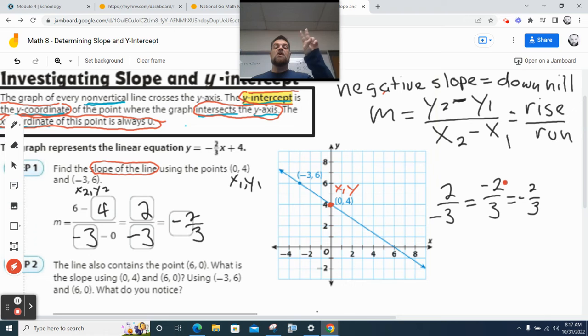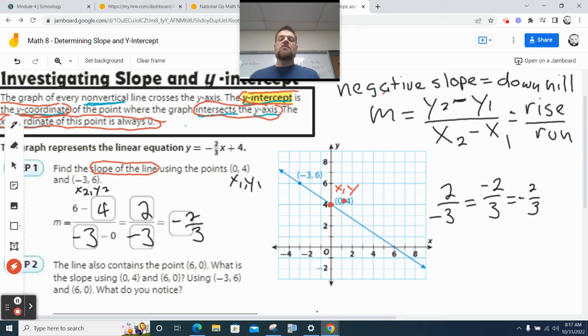If you want to use this slope, hold up number 2. If you want to use this slope, hold up number 3. Okay, we're not going to use 3. Pick 1 or 2. Ready, go. All right, we'll do number 2.